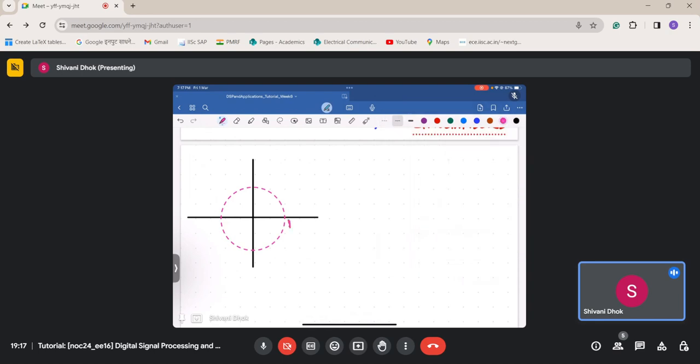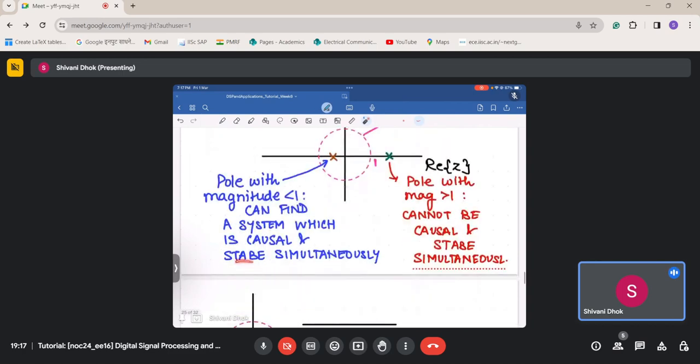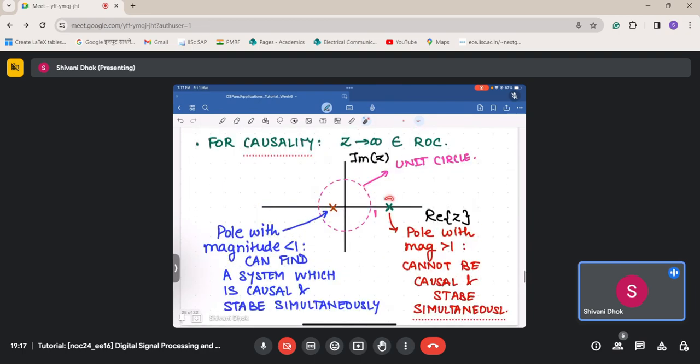What we said is that if I have a pole inside, then I can find a system which is causal and stable simultaneously. And if I have a pole outside, then we cannot find a system which is stable and causal simultaneously. So let's discard this particular idea and let's focus on this.